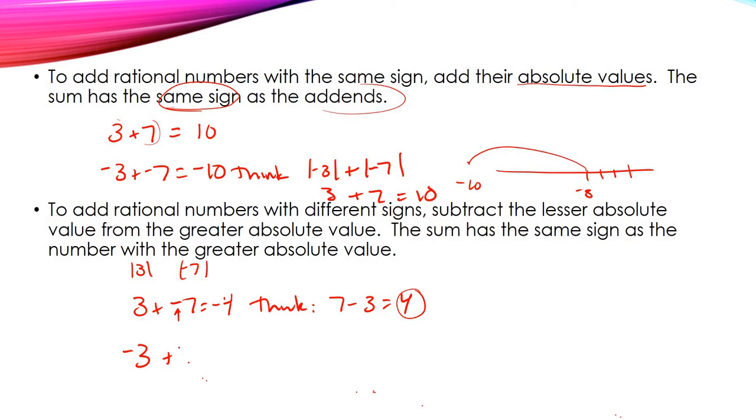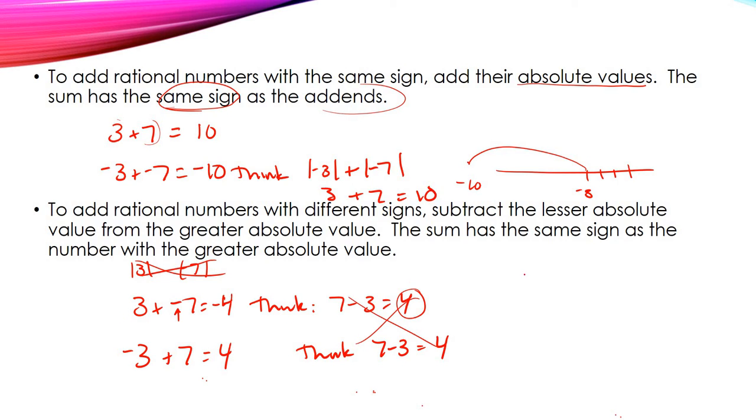The other way around, again, I'm going to think about subtracting their absolute values. Again, I get the same answer, 4, but this time, since the larger absolute value has a positive, the answer will also be positive. We don't have to write out the absolute value step, but that's what we're thinking about doing.